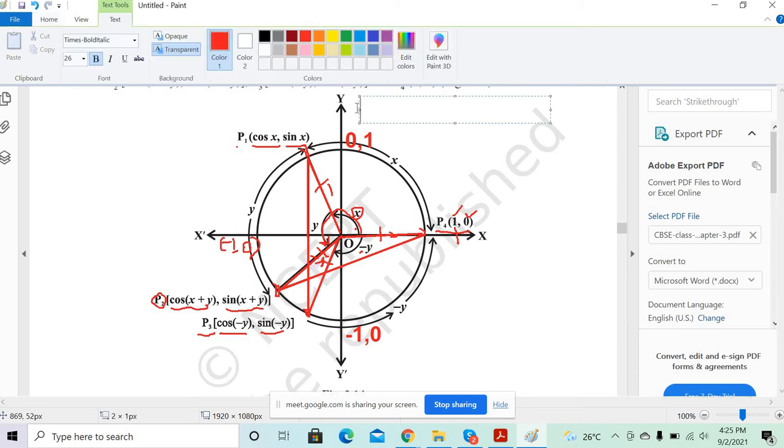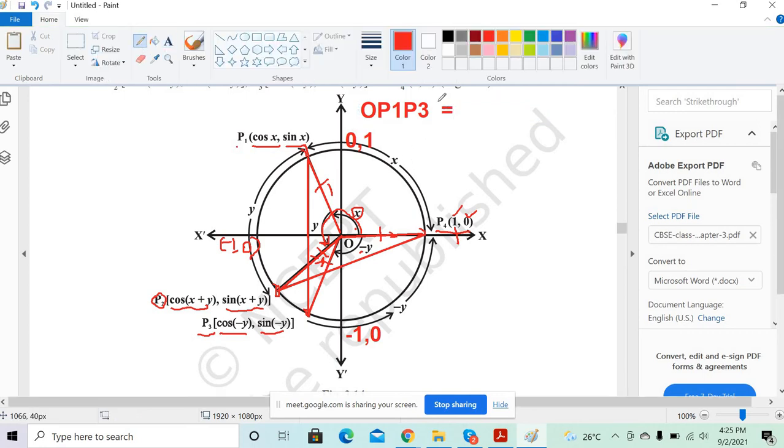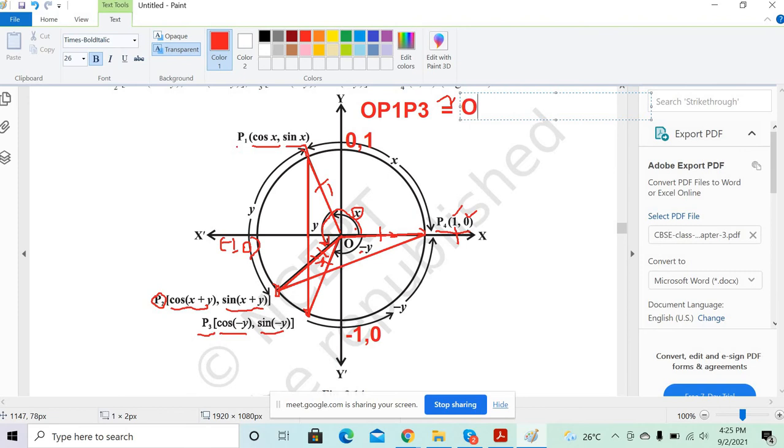So can I say triangle O P1 P3 is congruent to triangle O P4 P2?